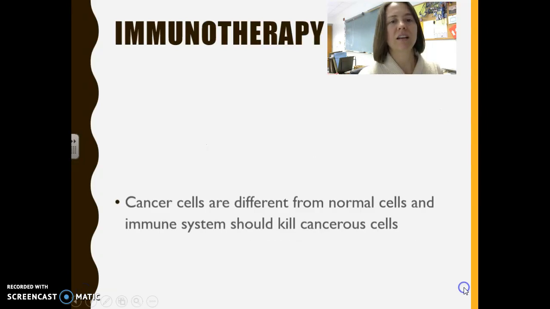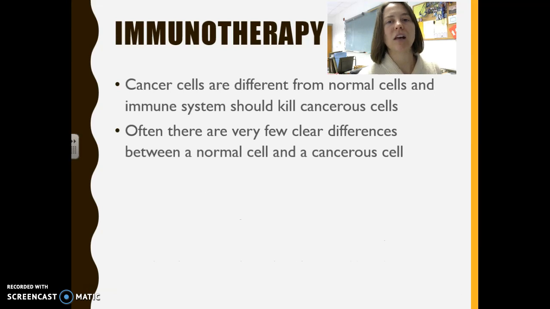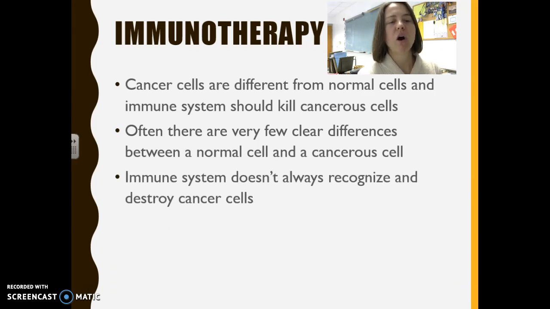Immunotherapy is a fun technique. It's where you actually use your immune system to fight infections, other than what it normally does. So let's talk about how immunotherapy can be used in cancer treatment. Cancer cells are different from normal cells, and the immune system should kill cancerous cells. Often there are very few differences between a normal cell and a cancerous cell, so your immune system doesn't always recognize and destroy cancer cells.